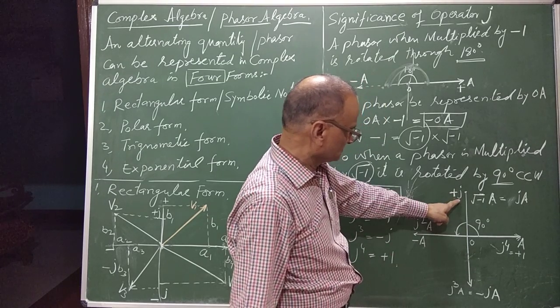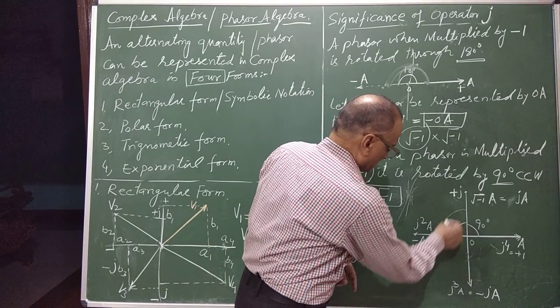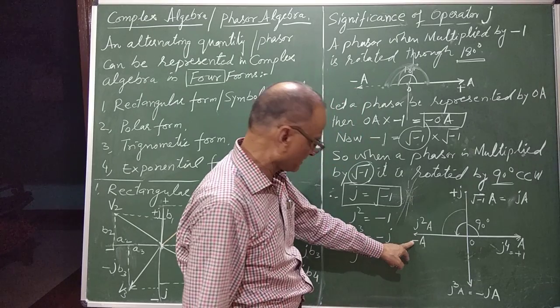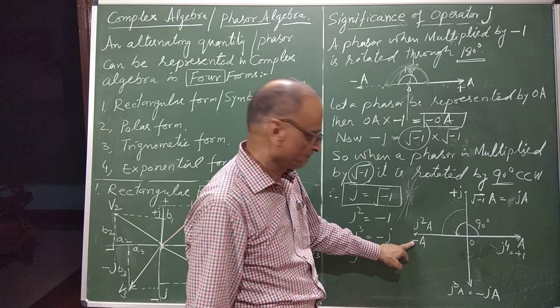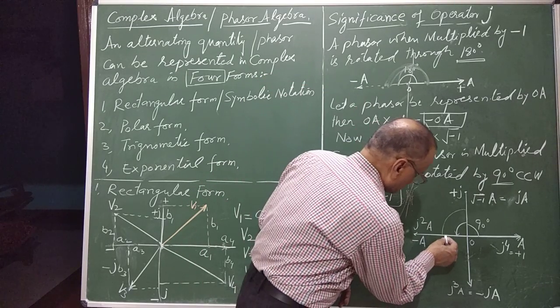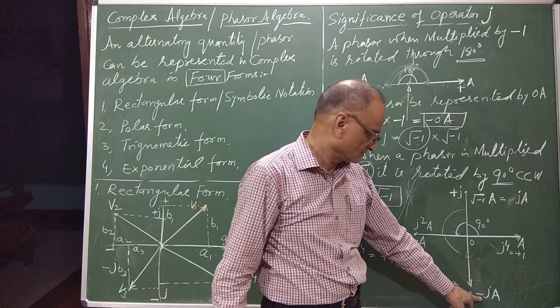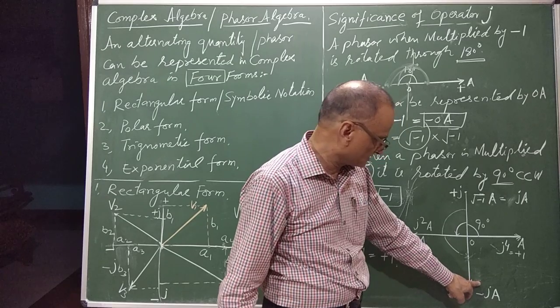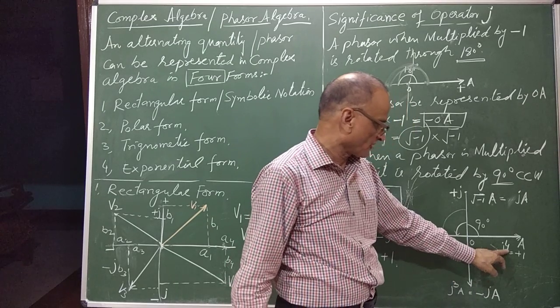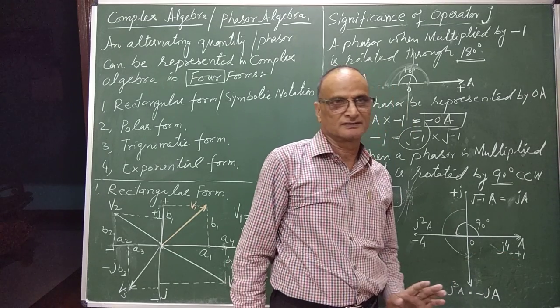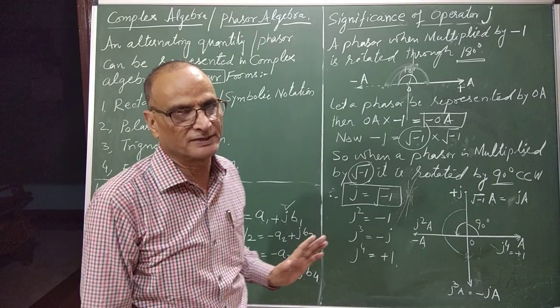Further multiply by j, it will be rotated a further 90 degrees. So j square becomes minus 1. Multiply further by j, it will be j cube. j cube is equal to minus j. Multiply further by j, j4. j4 is equal to plus 1. So this is the significance of operator j.